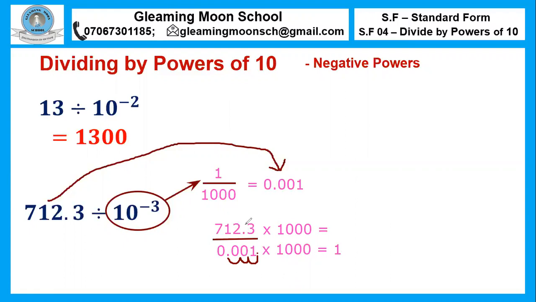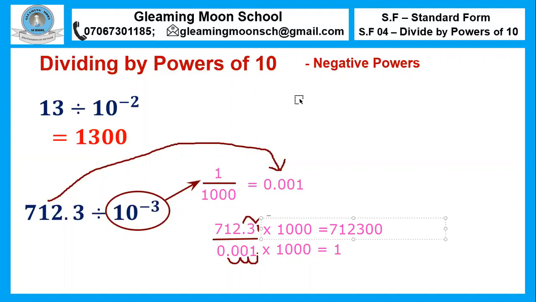In this case, we move the decimal point 3 times. So we go 1, 2, and 3, and put the decimal point there, which is at the end of the number. That means we need to put a 0 placeholder here and another 0 placeholder here. That leaves us with 7123 with 2 zeros, so that is 712,300.